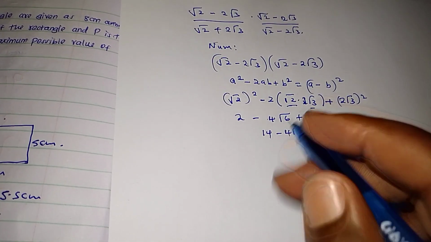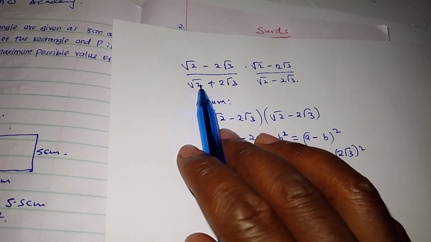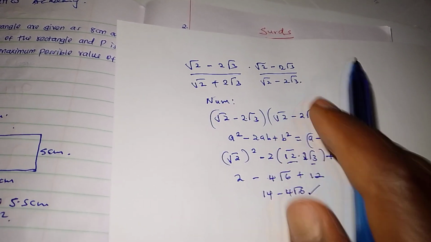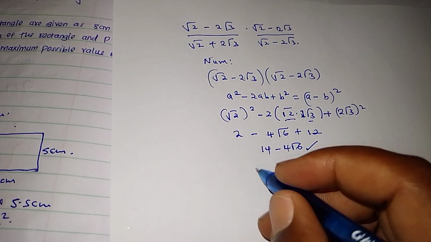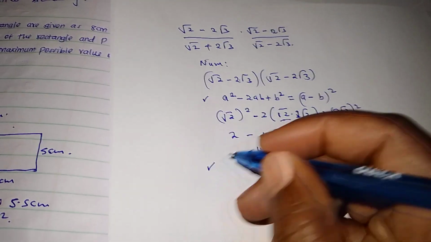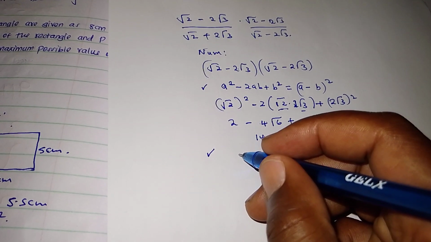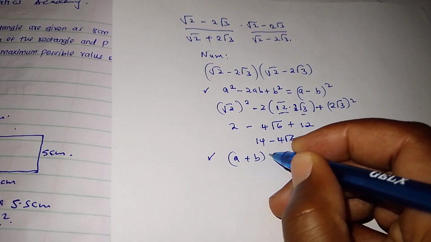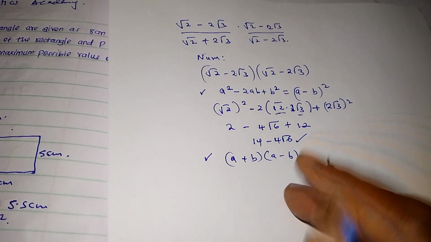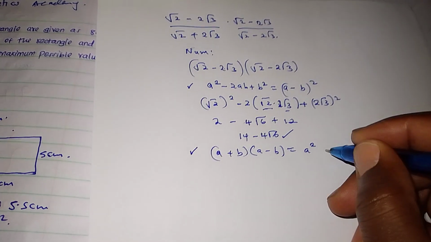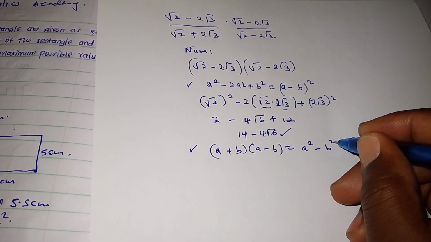That's the numerator. Now the denominator is a difference of squares, because you have root 2 plus 2 root 3 and root 2 minus 2 root 3. So we are going to use this special formula. If you have two numbers a and b, the product of their sum and difference is given by the first one squared minus the second term squared.